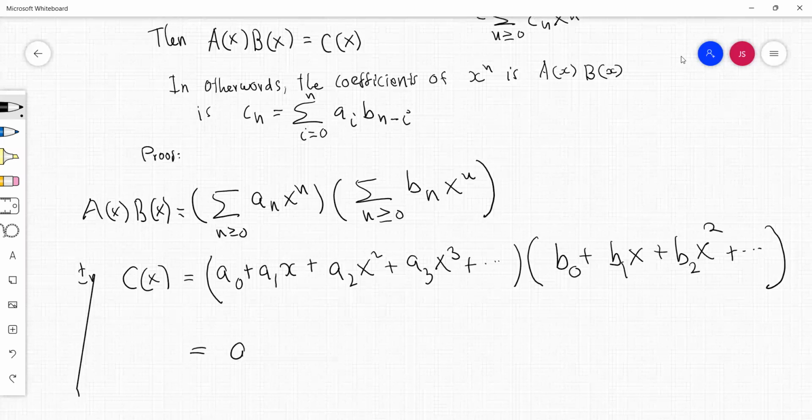The constant term is a0 b0. The coefficient of x is a1 b0, and also another one, a0 b1.